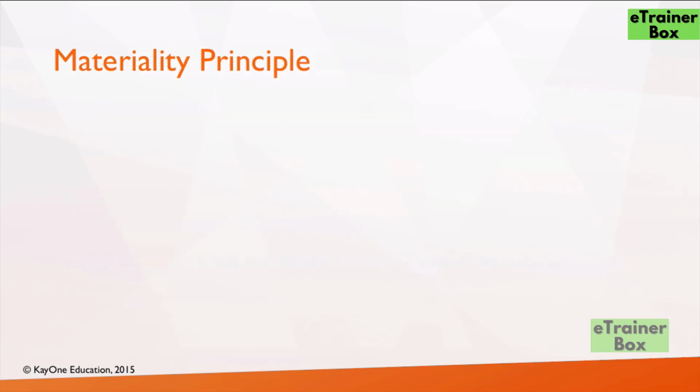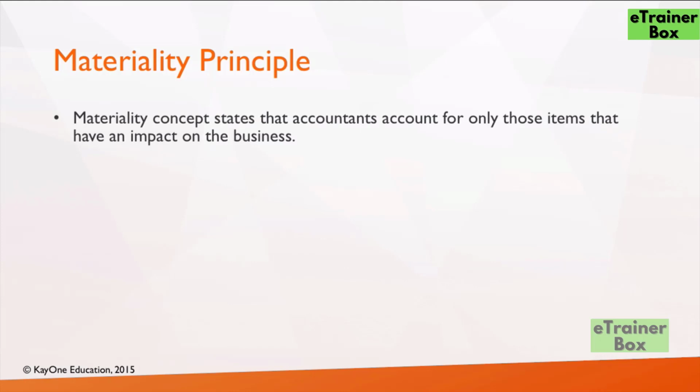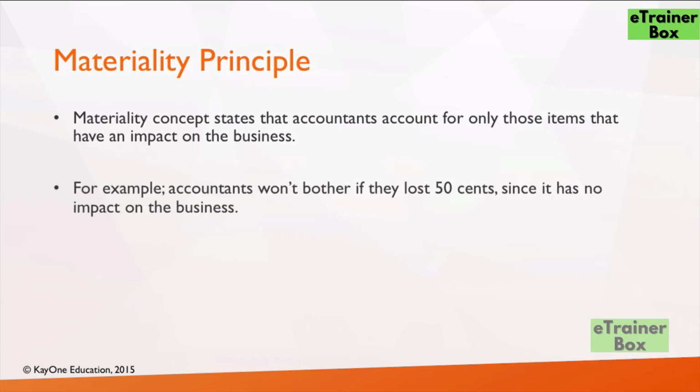Next, materiality principle. This principle states that accountants account for only those items that have a significant impact on the business. So therefore, accountants won't bother if they lost, let's say, a small amount, 50 cents, since it has no impact on the business. However, it's very important because materiality is highly relative.